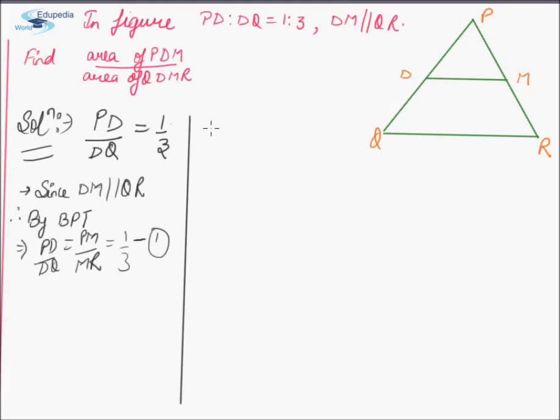But here in these ratios we have just PD and PM. We need PQ and PR.